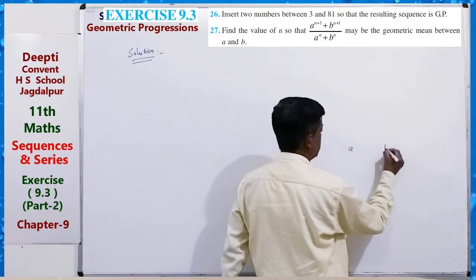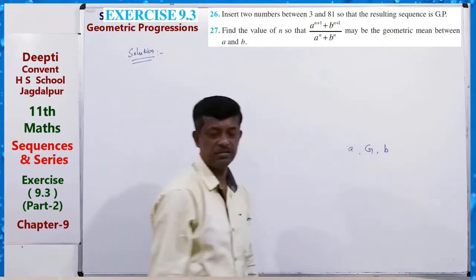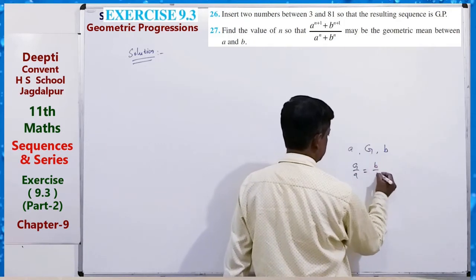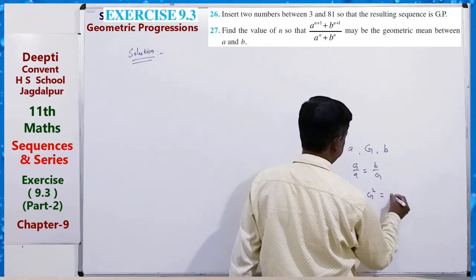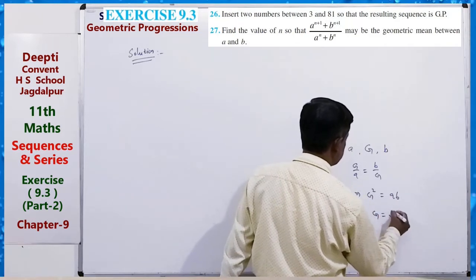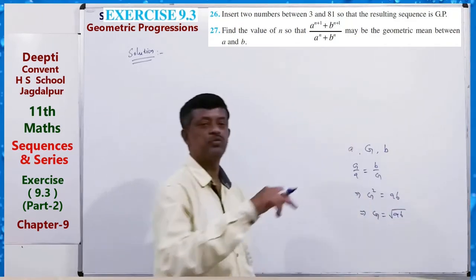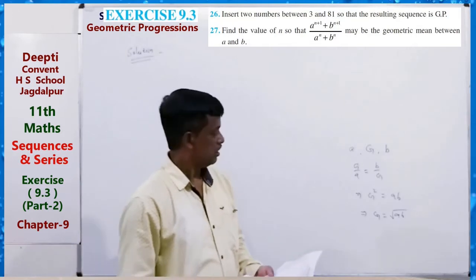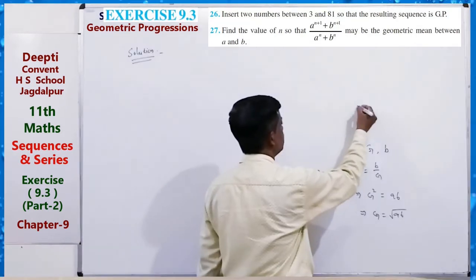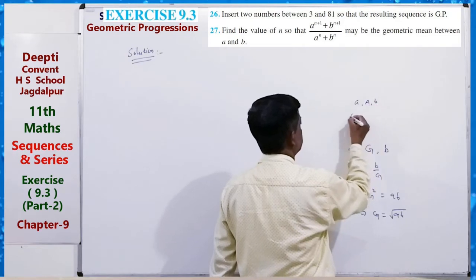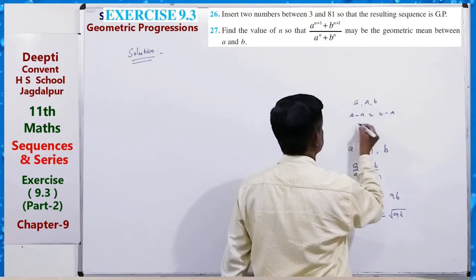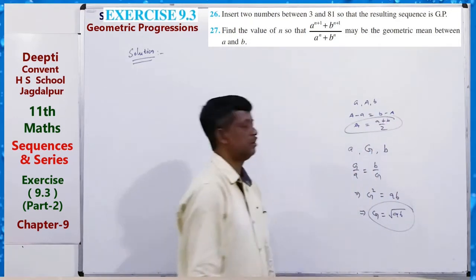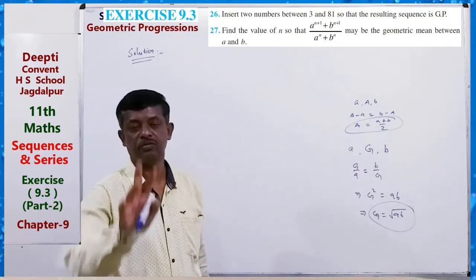Suppose we have a and b, and G is the geometric mean. If this is a GP, then G by a equals b by G, that is G square equals ab, so G equals root ab. This means the geometric mean of two numbers is the square root of the product of those numbers. For arithmetic mean, if A is the arithmetic mean of a and b, then A minus a equals b minus A, so A equals a plus b by 2. This is the arithmetic mean, this is the geometric mean. Clear?